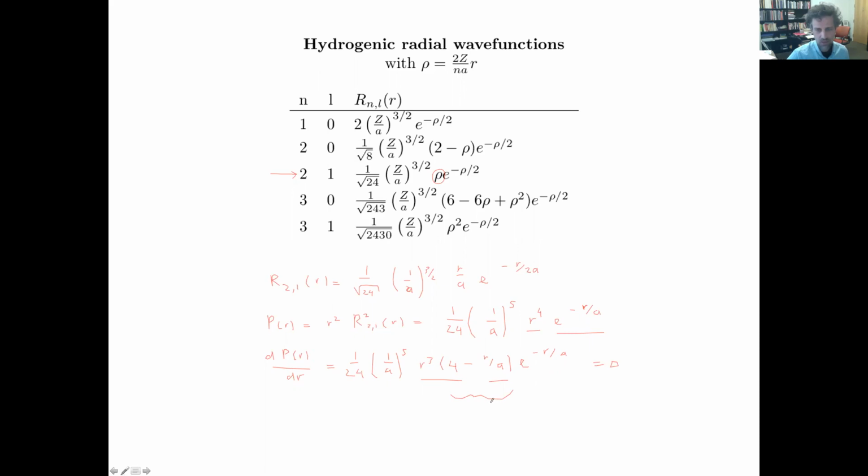And so the only root of interest here is this one, when r equals 4a. Okay, so that is the answer to this question. If r equals 4a, then I have a most probable radius. That's the most probable radius in the excited state for this electron.